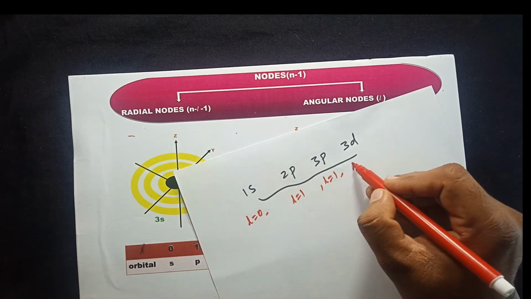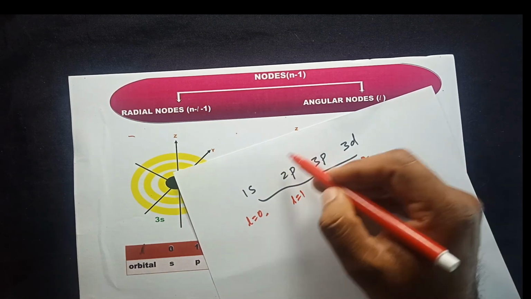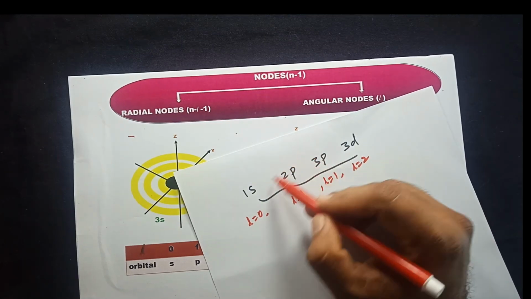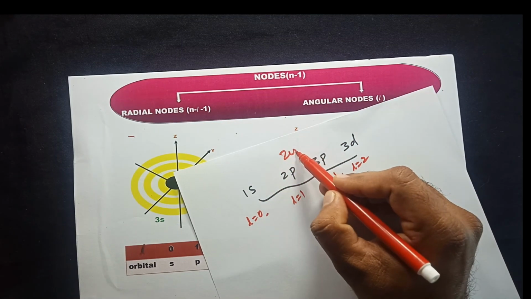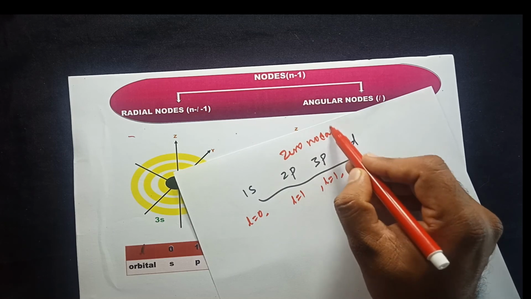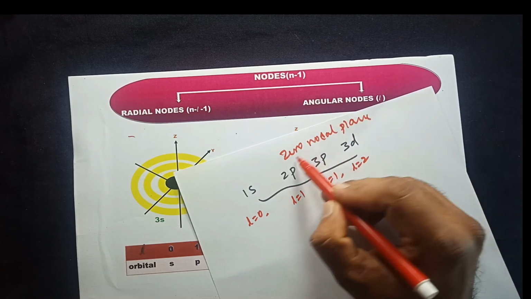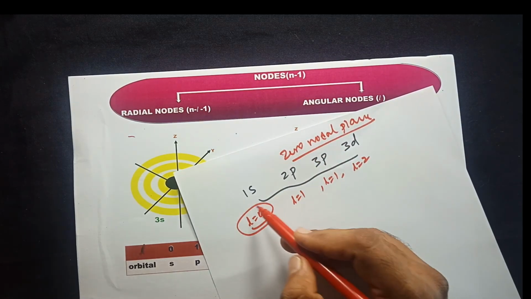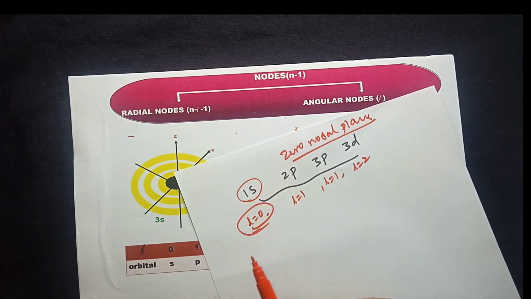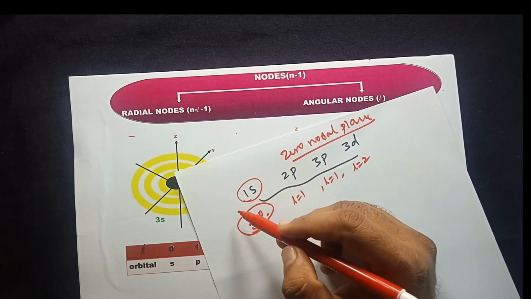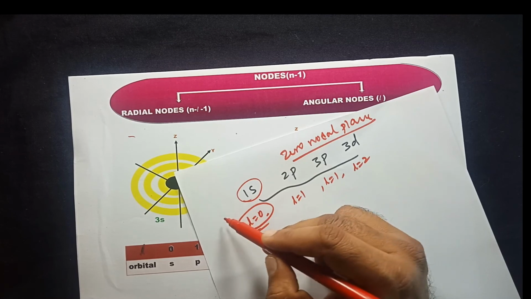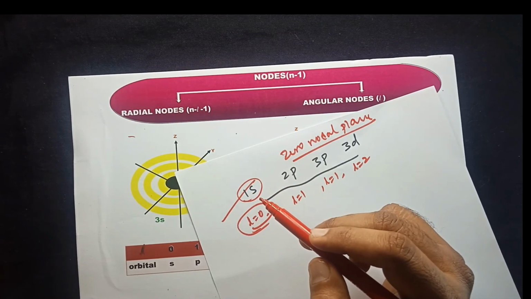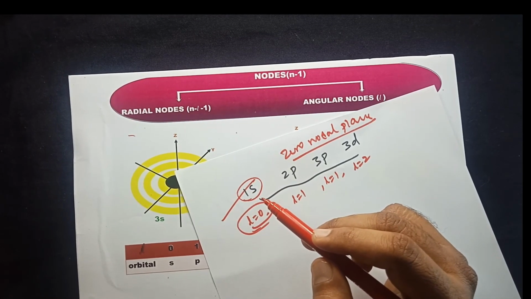For the 3d orbital, L is equal to 2. So we are only concentrating on the L values here. The 1s orbital has 0, so the 1s orbital has zero nodal planes. These types of questions will be asked in the examination.